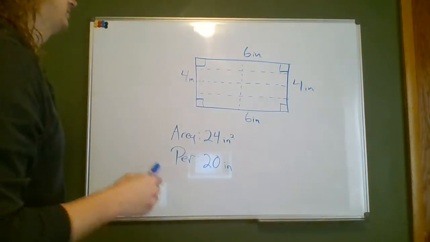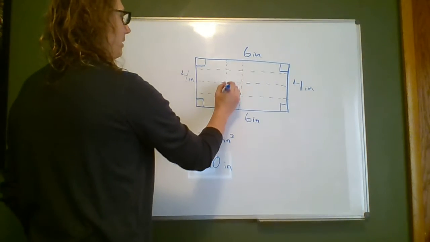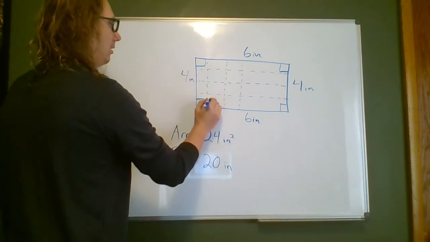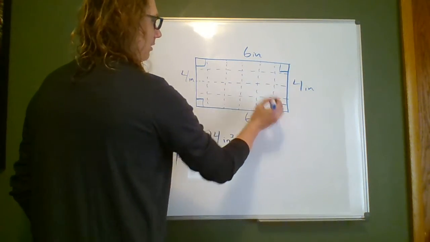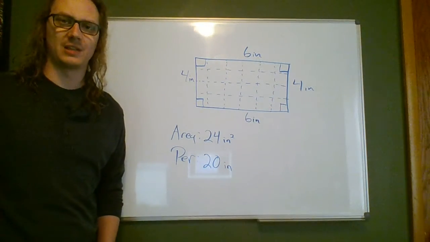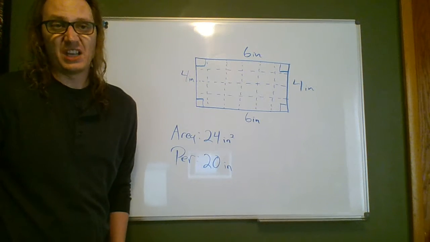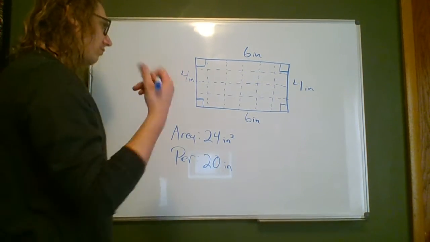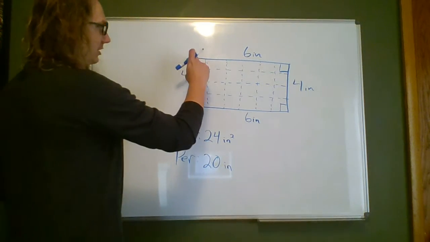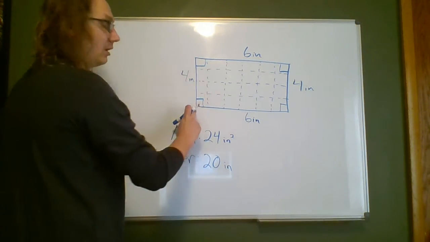Okay, let's assume that all of these boxes are the same size. They're not. But let's pretend like they are, and that I can draw and have some art skills. 1 inch squared. So this is 4 inches. This is 1, 2, 3, 4 inches.